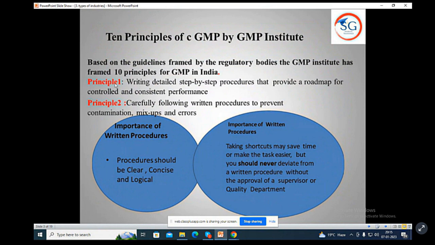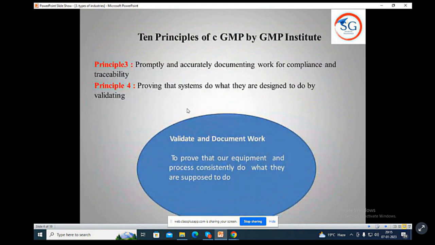Principle one is telling that there should be an SOP. Principle two will tell that you should follow that SOP. Why should you follow the SOP? Because if you follow the SOP, you will do your activities in a controlled manner so that there will be no contamination of drugs, no mix ups, and no errors. This is the second principle.